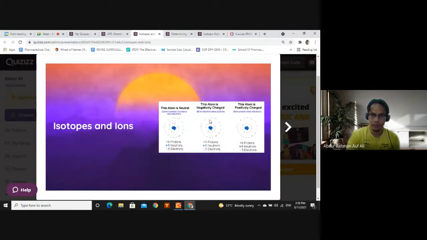Nanti tengah-tengah ni pula, this atom is negatively charged. Kenapa dia bercharge negatif? Kamu tengok bilangan partikel dia, proton ada 5, neutron ada 6, elektron ada 6. So you can see that the difference is bilangan proton. Yang lainnya sama, neutron 6, elektron pun 6. Tapi bilangan proton kat sini kurang 1.